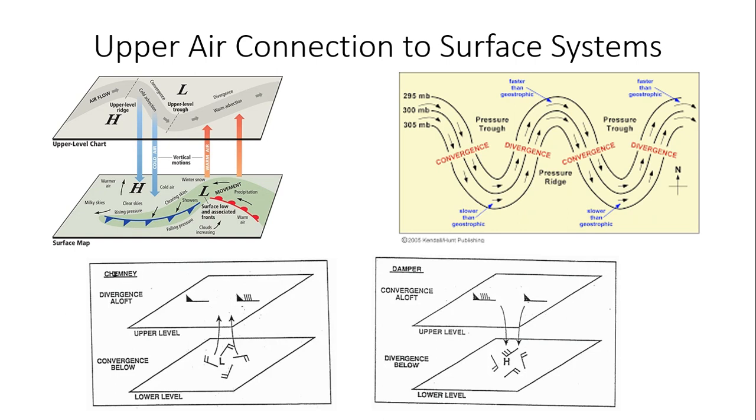Here are some great graphics to really see the connection between the surface pressure features and the upper levels. The upper left-hand graphic here shows an area of low pressure at the surface. See that? Here's an area of high pressure. And look at the connection up here to the upper levels.